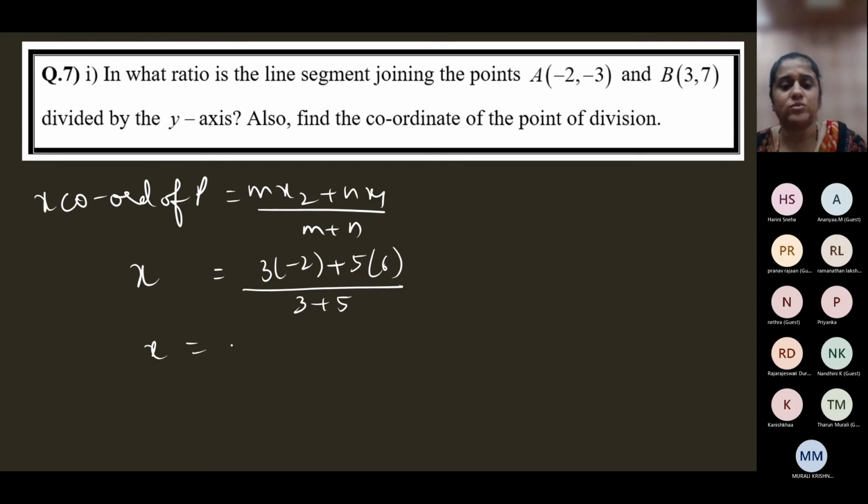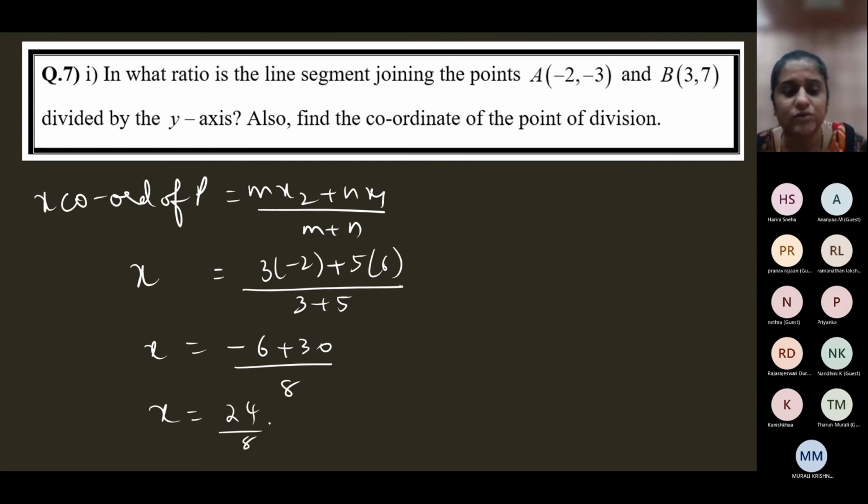So x is equal to minus 6 plus 30 by 8. So x is equal to 24 by 8, which is equal to 3. Therefore, P is given by the address 3, 0.